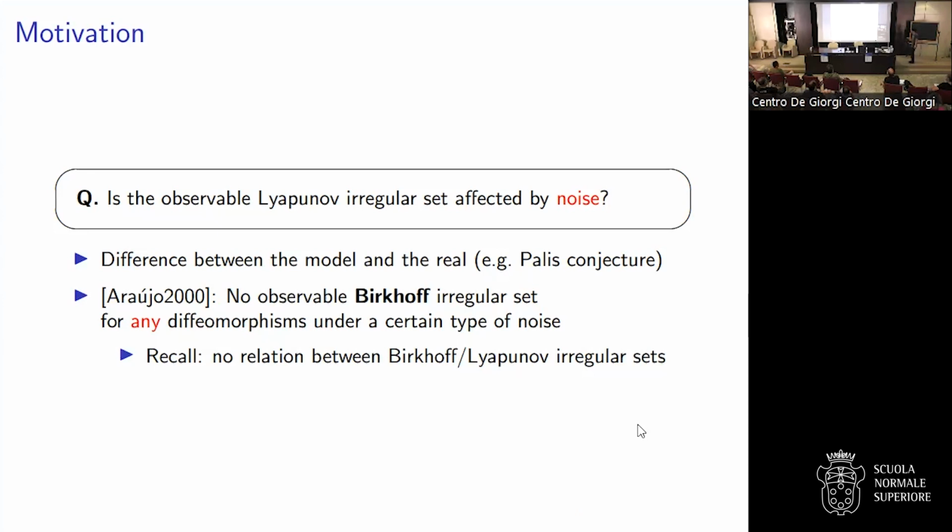So maybe it's natural to consider what happens for the Lyapunov irregular set. Please remember that there's no direct relationship between Birkhoff irregularity and Lyapunov irregularity, so this question makes sense.